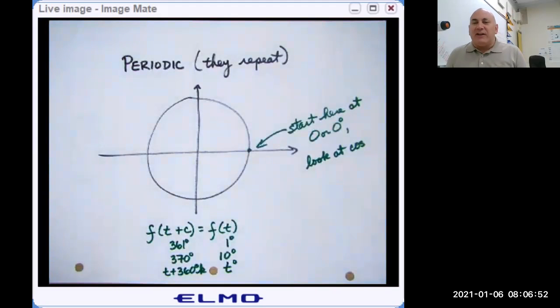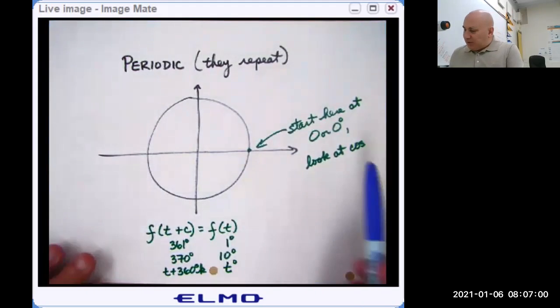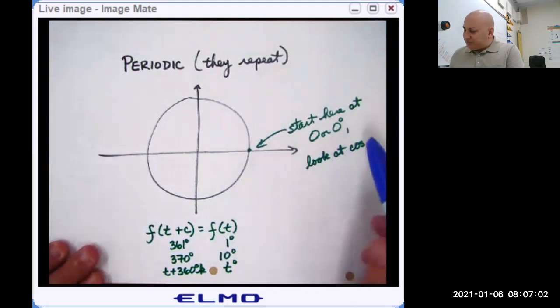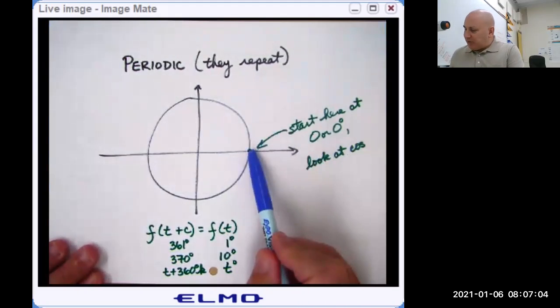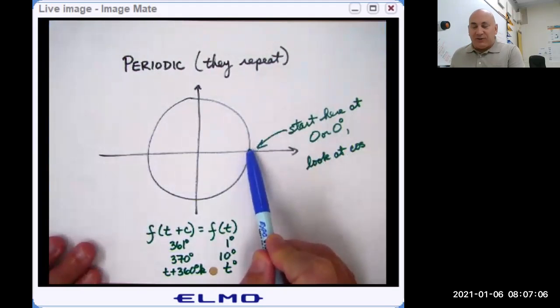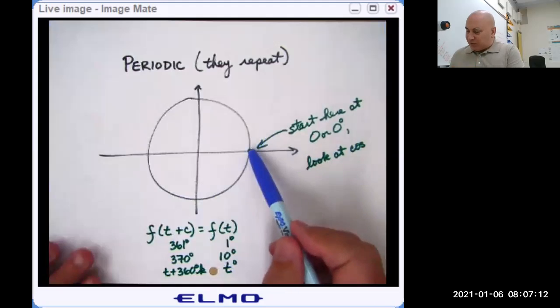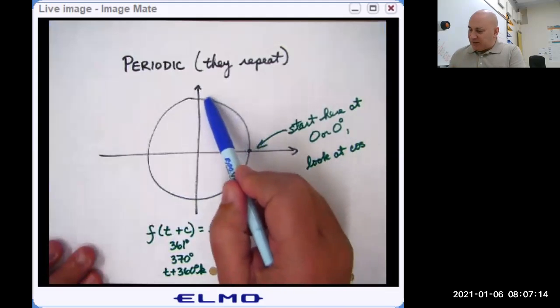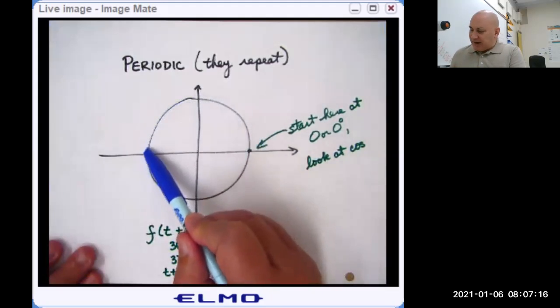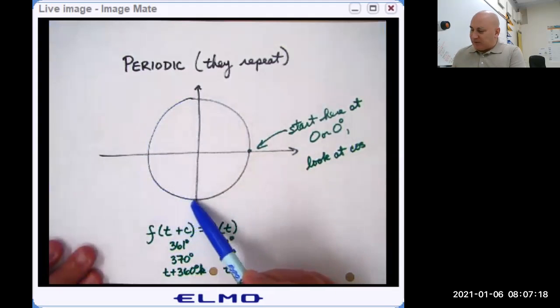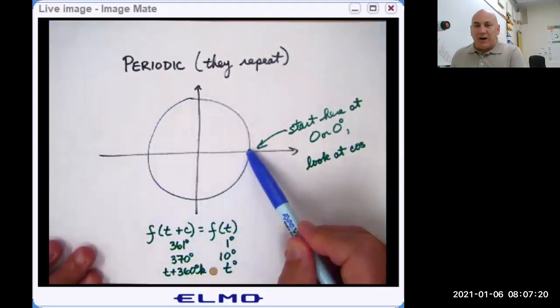Now there's such a thing, a function that's called periodic. And a periodic function keeps repeating itself. So think about cosine. As we start here at 0 radians, or 0 degrees, we work our way around the circle, and we know that cosine goes from 1 to 0 to -1 to 0 back to 1.